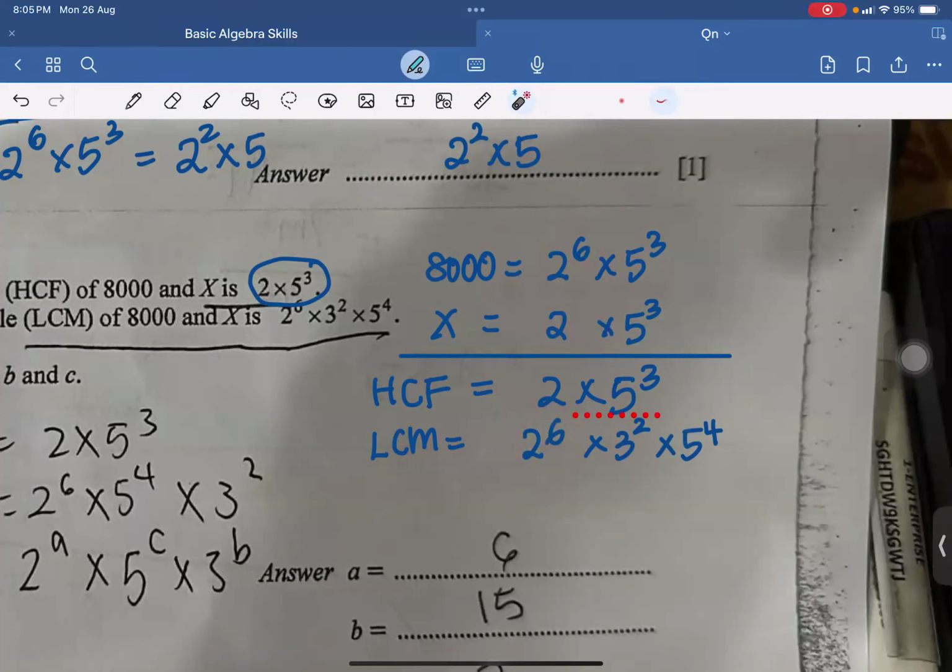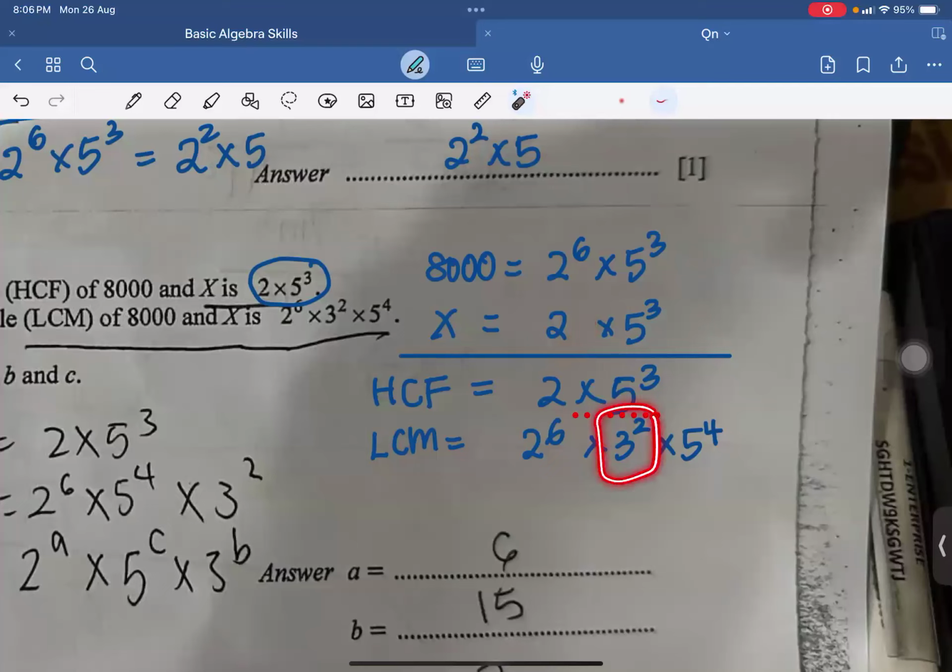No. If I add some more power, then the power of my highest common factor will increase. So cannot add any more. So 2 is the correct one. Next one, I check. They got a factor 3 square. Here don't have any 3 square. That means where does the 3 square come from? The 8,000 don't have 3 square, right?